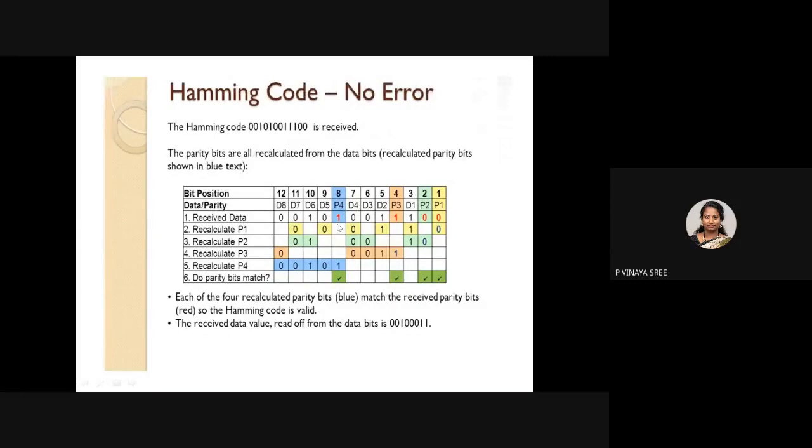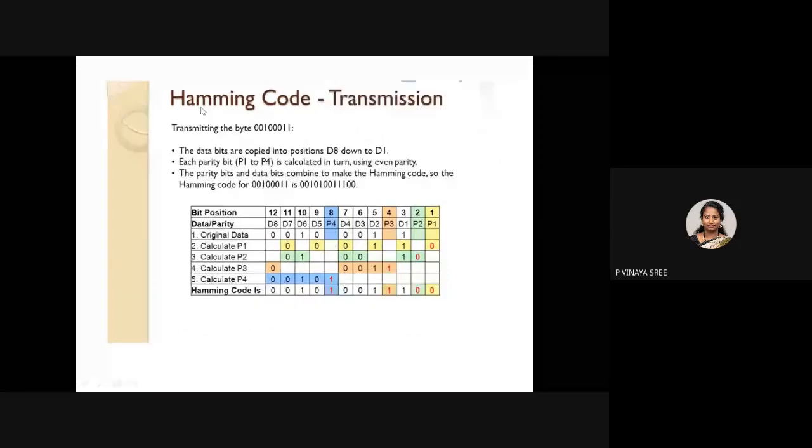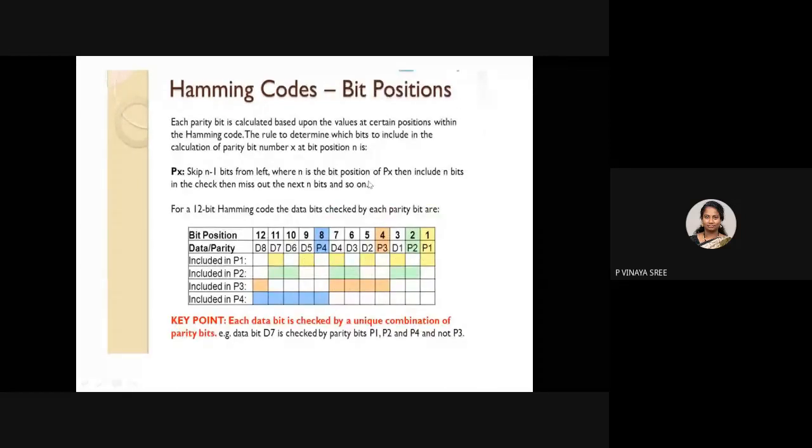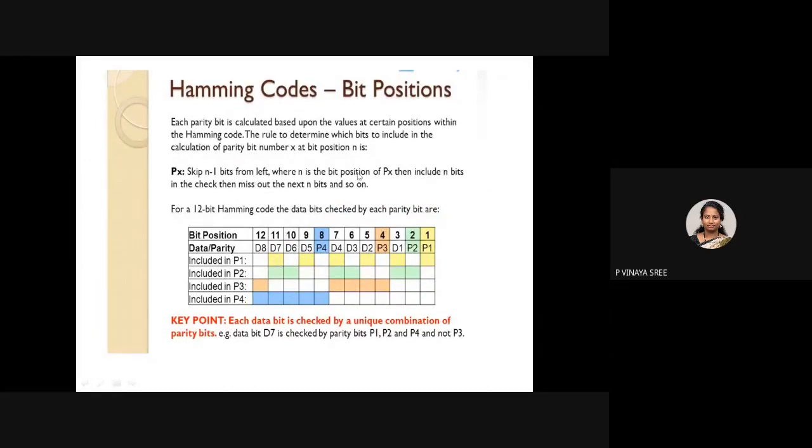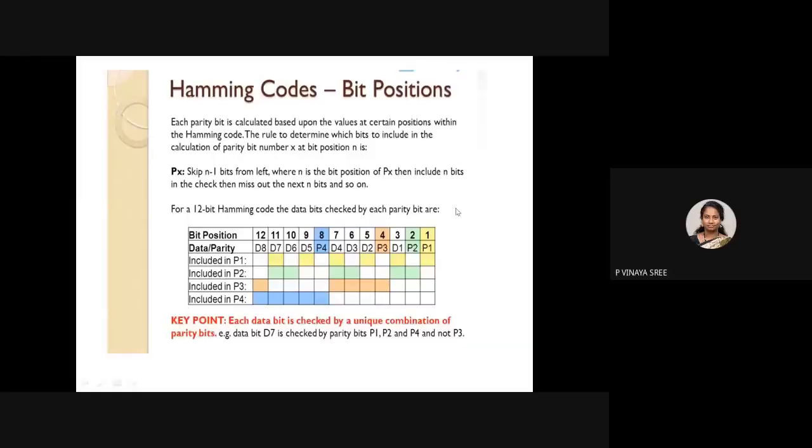So listen here, try to understand what we are doing. We want to send 8 bits of data. But while transmitting to the receiver, because of some internal noise or external weather issues, a 1 may be converted to 0 or a 0 to 1. The receiver has to know that there is an error.